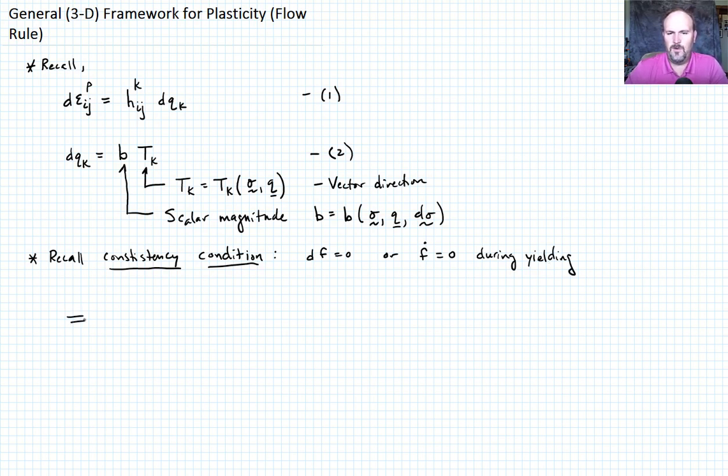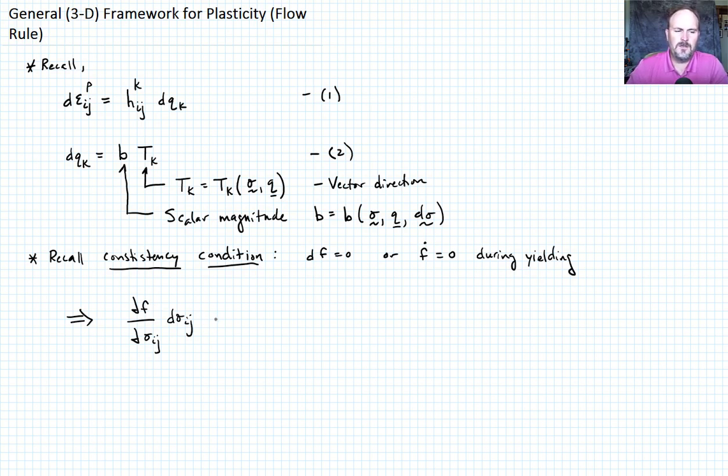One of the outcomes of the consistency condition that we showed last time was the partial of f with respect to sigma ij, d sigma ij. That's the quantity we looked at to see if yielding was happening when f equals 0. If that quantity was greater than 0, then we knew we were loading, inducing plastic deformation. If it's equal to 0, then we're moving along the yield surface but not loading it. And if it's less than 0, we're unloading, and in both the 0 and less than 0 cases we behave elastically.